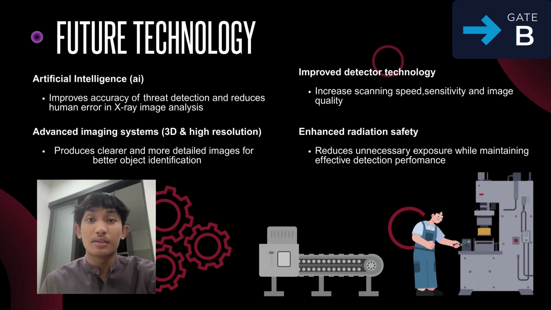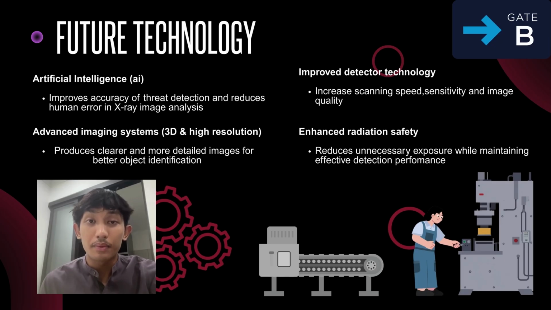Artificial intelligence, or AI, is expected to play a bigger role in improving threat detection. AI helps to analyze X-ray images more accurately and reduce human errors during the screening process. After that, advanced imaging systems such as 3D and high-resolution scanning produce clearer and more detailed images.